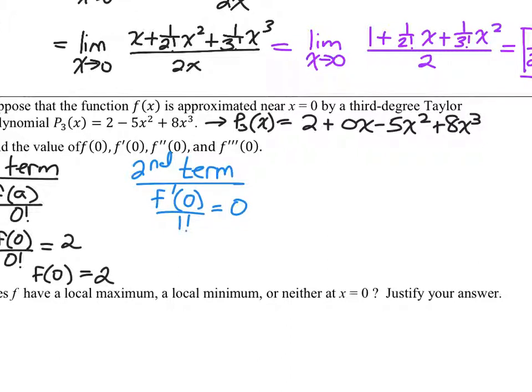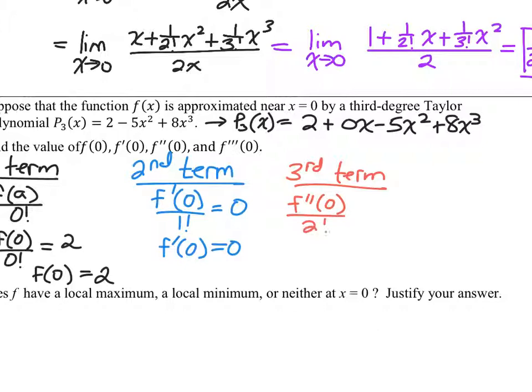But still, once you get to that, 1 factorial is 1, so f prime of 0 is going to be equal to 0. So I have that. The third term should be the result of f double prime of 0 over 2 factorial. Now this is where it starts changing up a little bit.